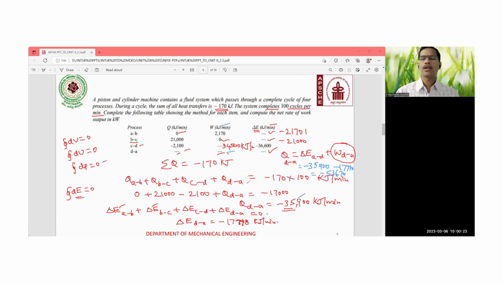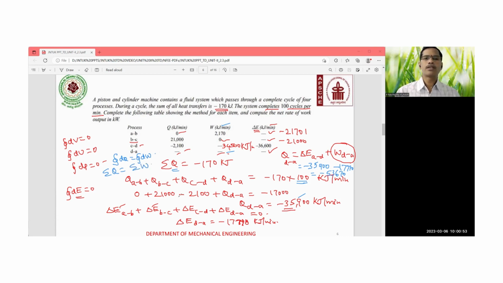So this is kilojoule per minute. The student should be more careful about this revolutions per minute, 170 into 100 revolutions per minute. And according to the first law of thermodynamics, students should not forget that the cyclic integral of heat transfer is equal to the cyclic integral of work transfer, or sigma Q is equal to sigma W, right?